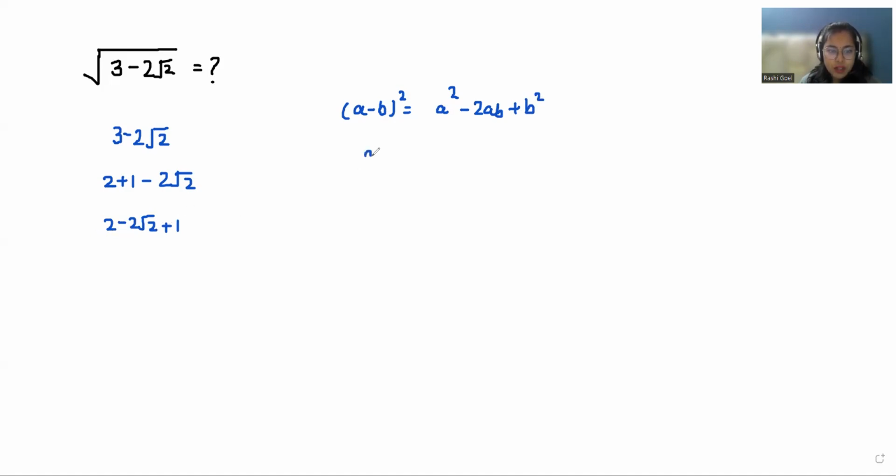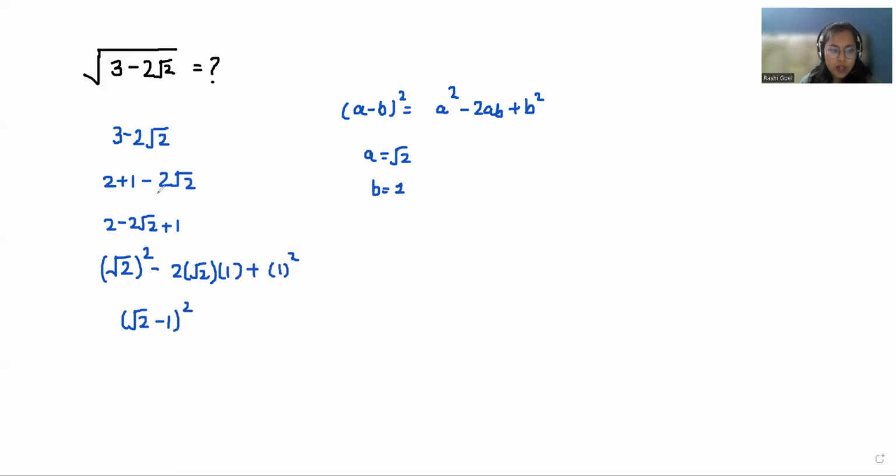So the value of a is root 2 and the value of b is 1. So we can write this as root 2 square minus 2 times root 2 times 1 plus 1 square. So it becomes a formula of (root 2 minus 1) whole square.